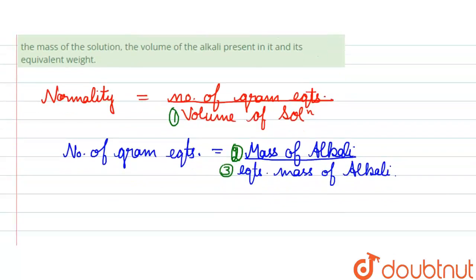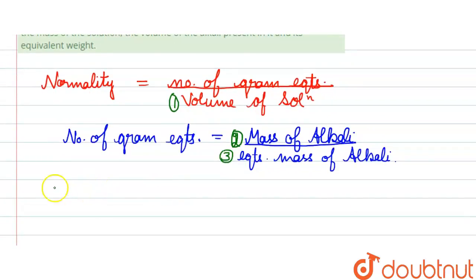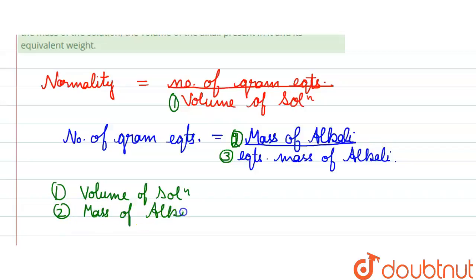So if we write, first we need the volume of solution, then we need the mass of alkali, then we need the equivalent mass or equivalent weight of alkali. So these three things we should know to measure the concentration in terms of normality.